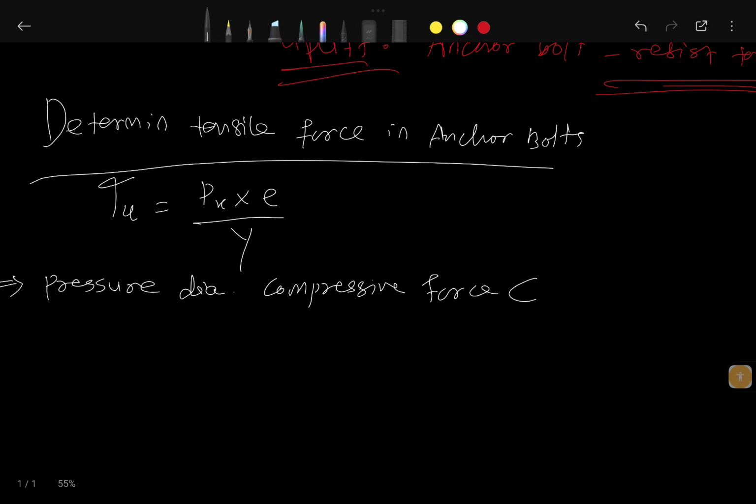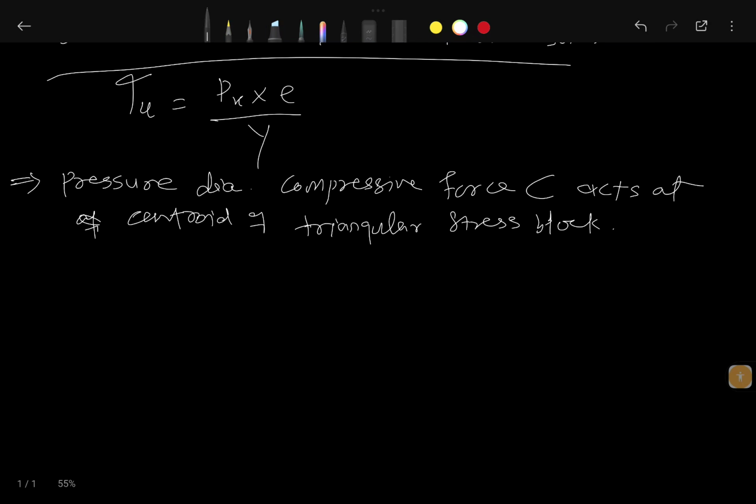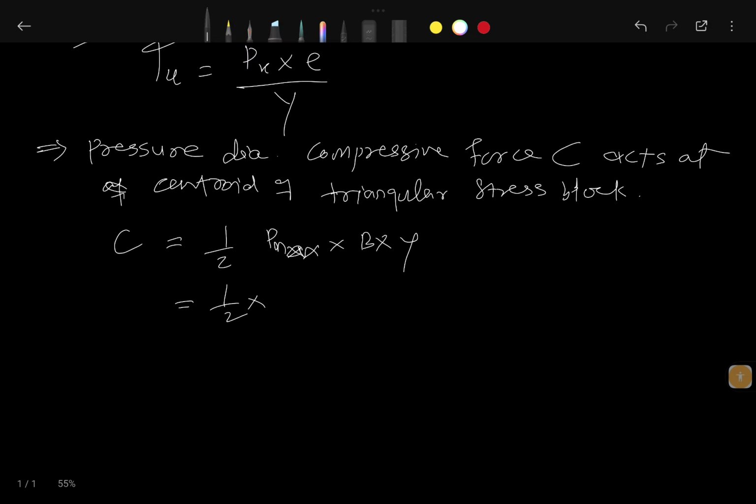The formula for compressive force is C equal to 1 by 2 P max into B into Y, where P max is 10, B is 400 and Y is 600.